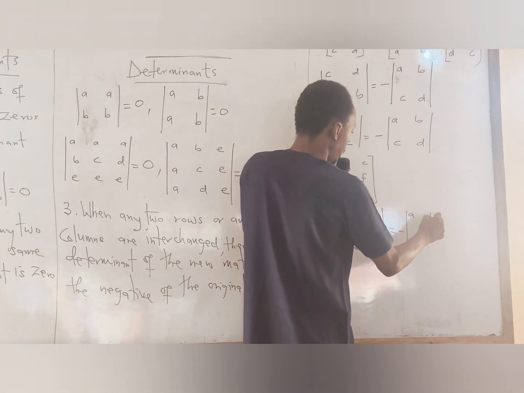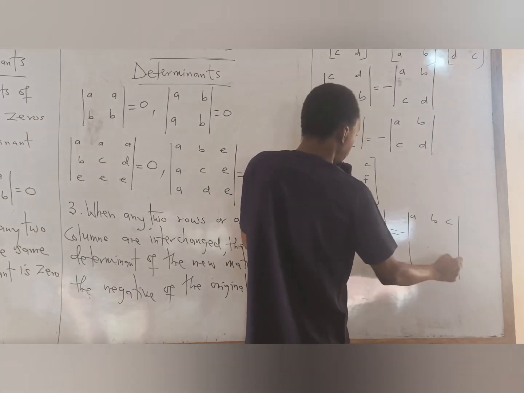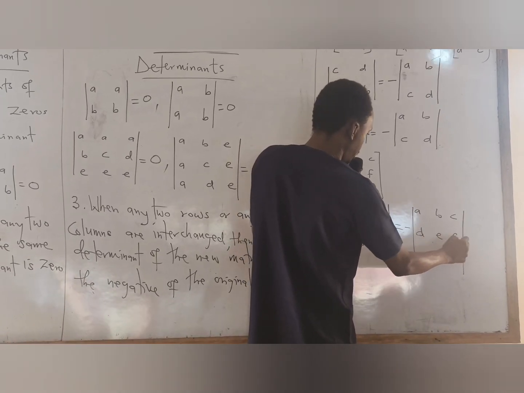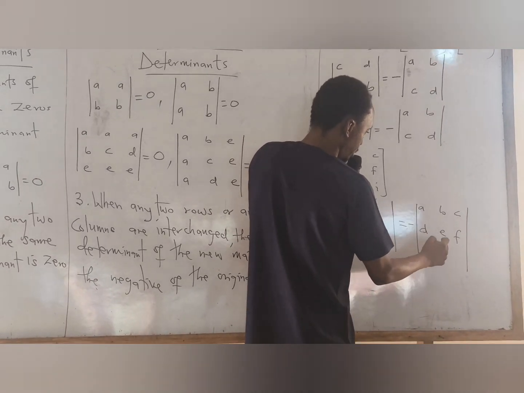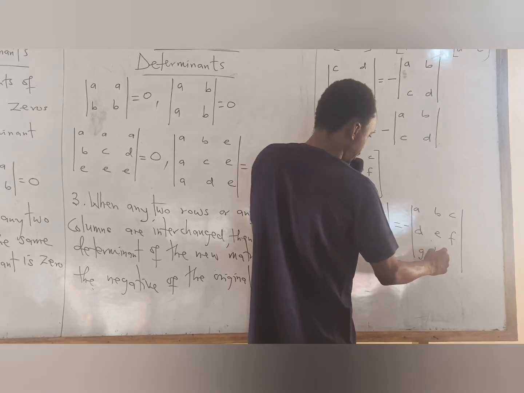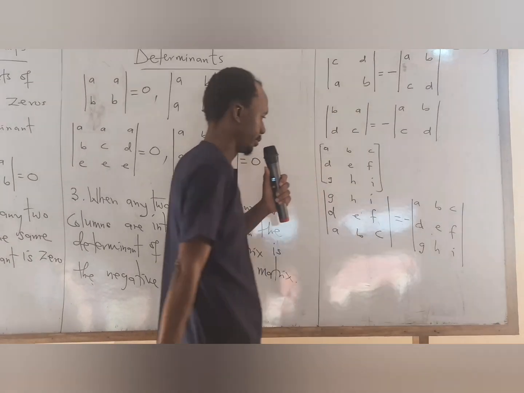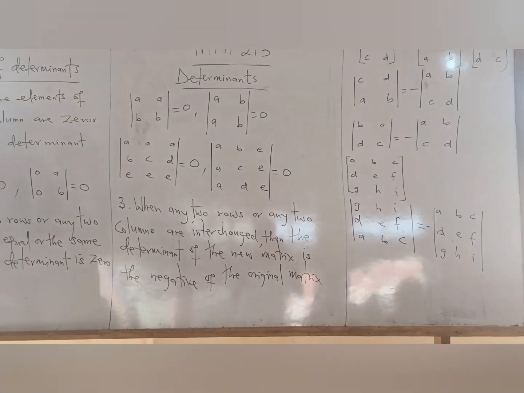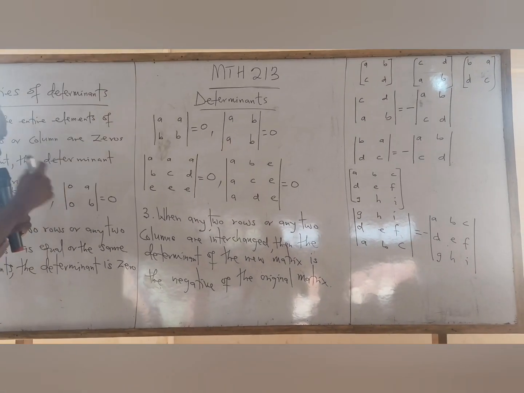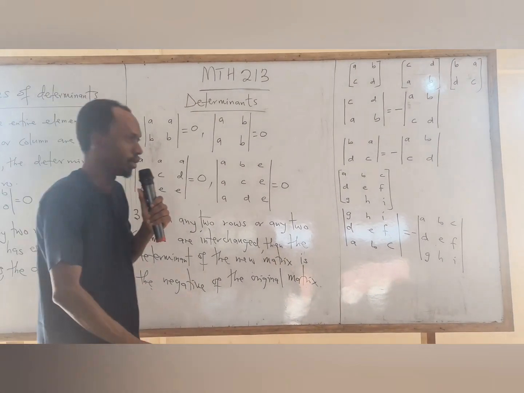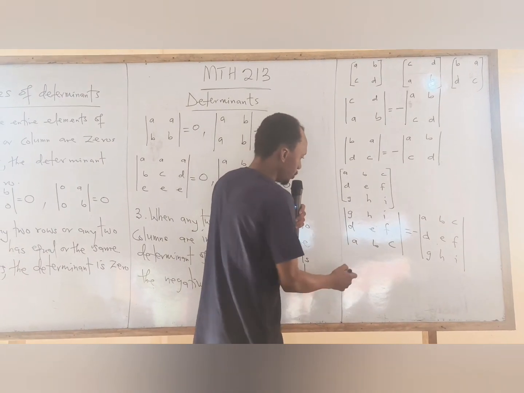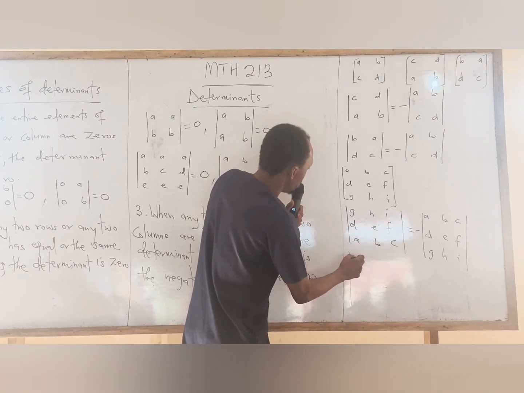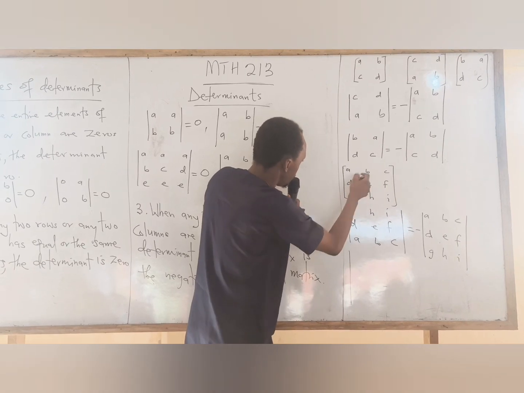A, B, C, E, H, I. That's the rule. You understand? So if you also interchange the columns, you still get the negative of the original. So we can interchange two columns in this case, maybe this and this or this and that, any.